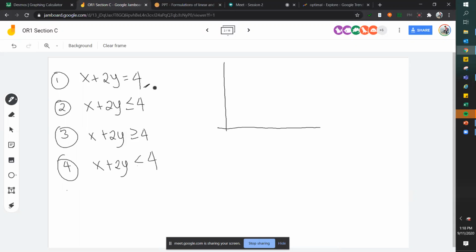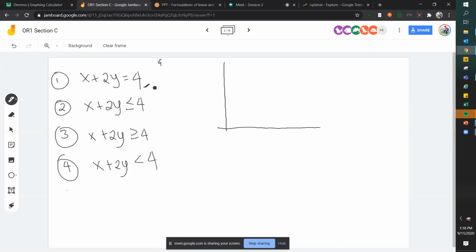Sabihin mo sa akin yung coordinates niya. So, yeah, madali lang to.